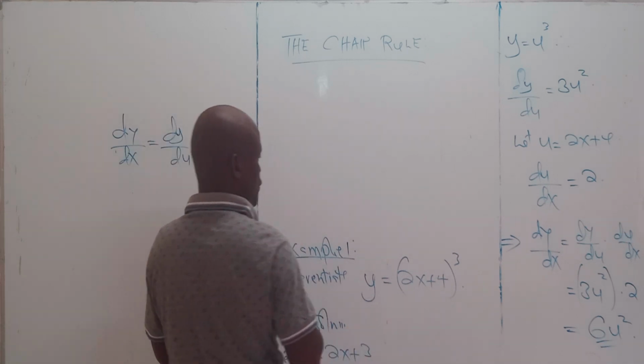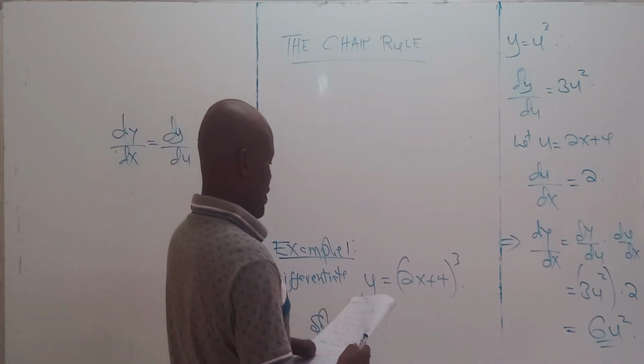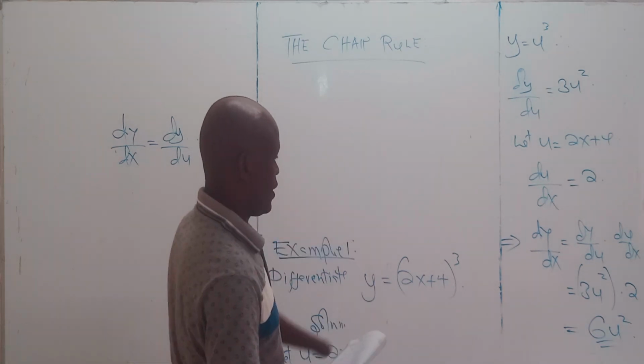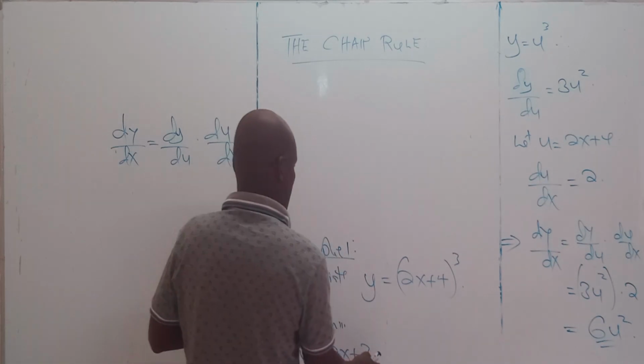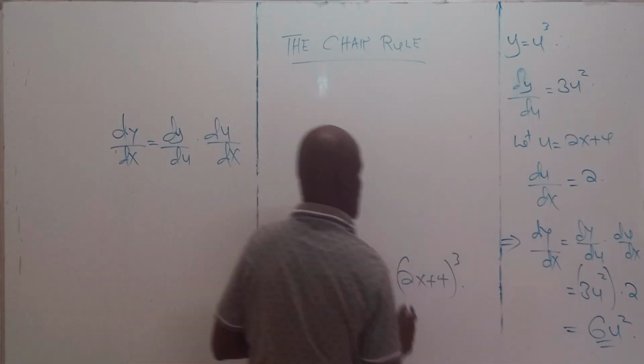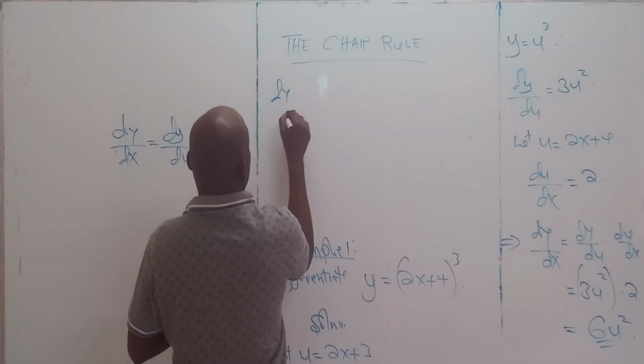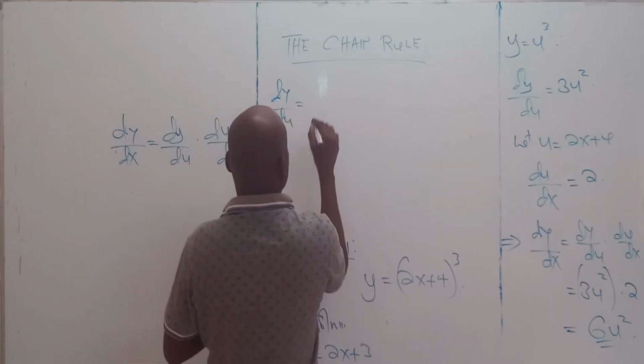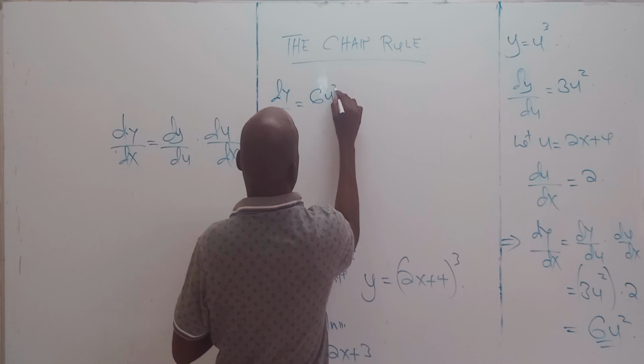So actually what I'm doing is to substitute back. I'm saying dy dx is equal to 6u squared.